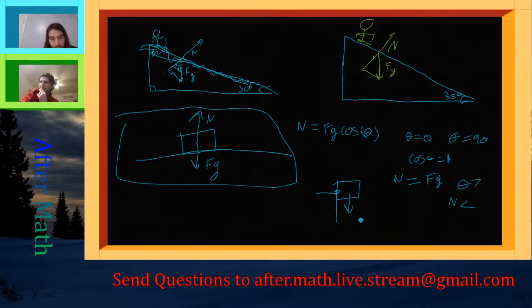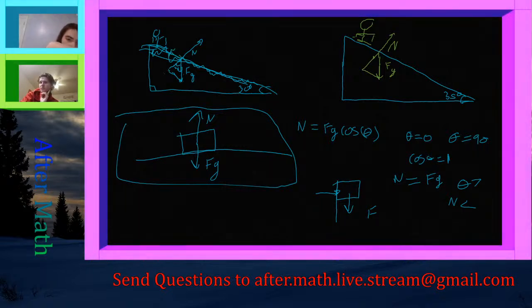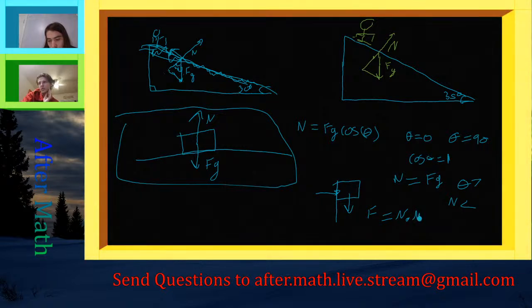So another important thing to add in here is that the friction force, which is pushing us back up this hill, our static friction force, is equal to the normal force times mu, which is the coefficient of friction.